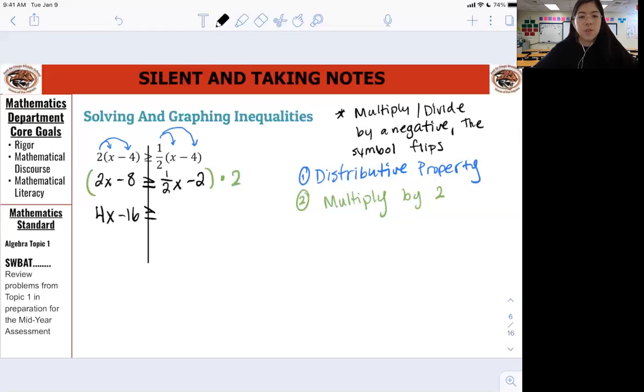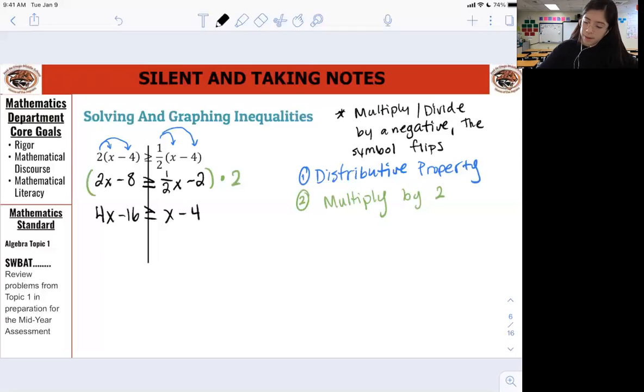Good. 2 times 1/2 simplifies to what? Just x, because 2 times 1/2 is just 1, so I have 1x. And then 2 times -2 is -4. So all I did was multiply by 2 all the way across that whole inequality.